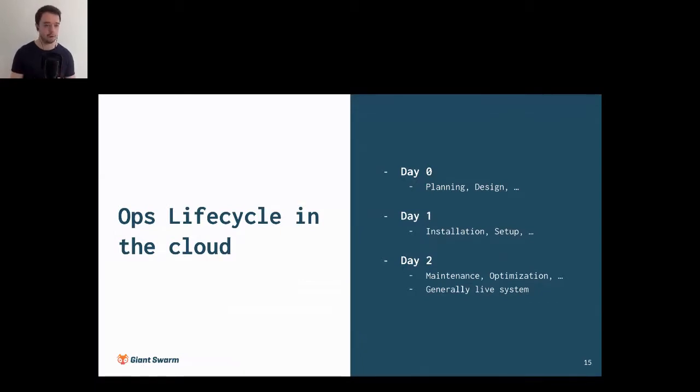Then we have day 1 ops, which is installation and setup and getting everything running. Tools in this category could be Helm, for example, which gets you to an installation point or setup point, or just kubectl apply or something like this, or some GitOps solutions.